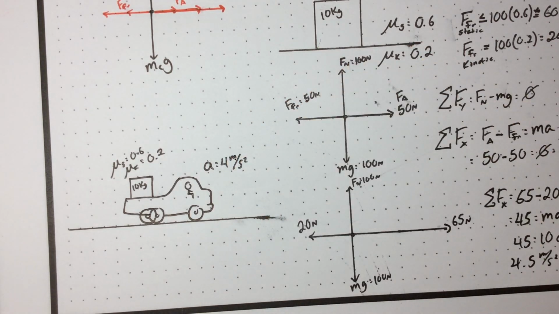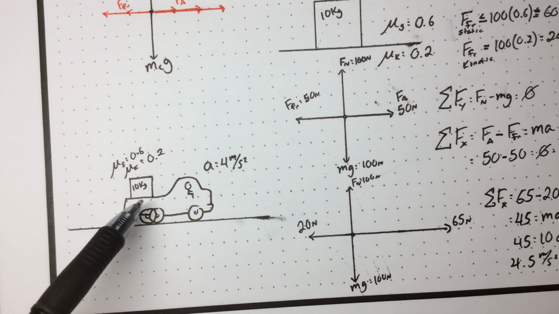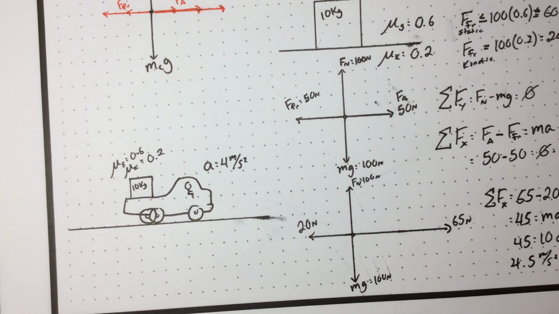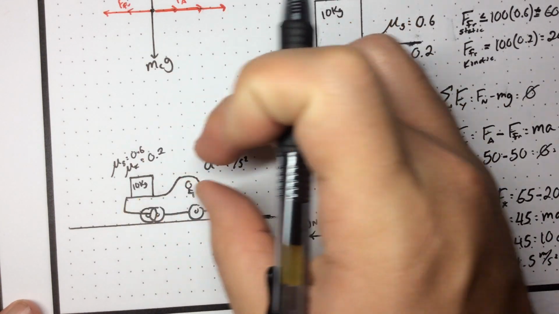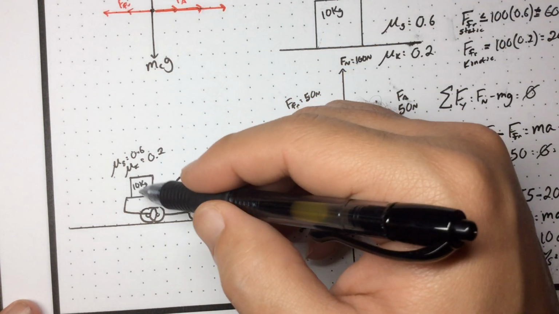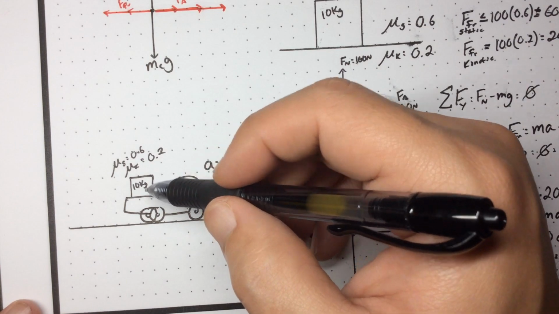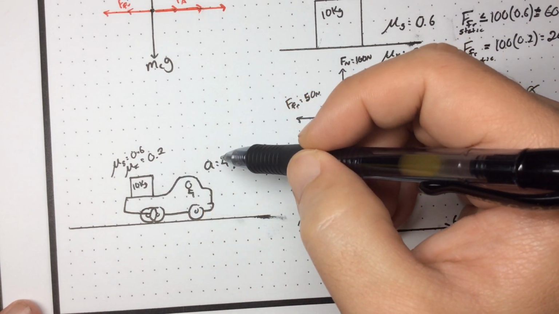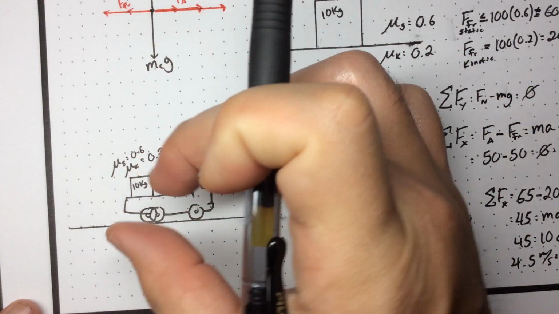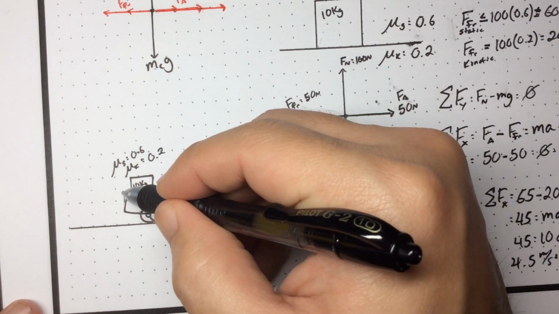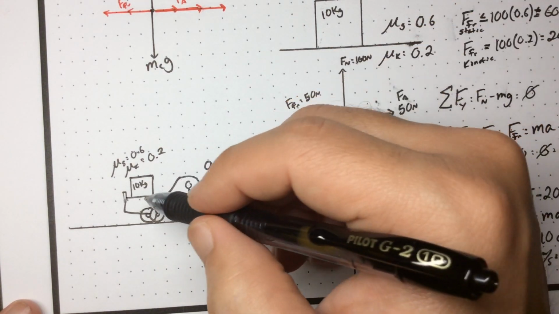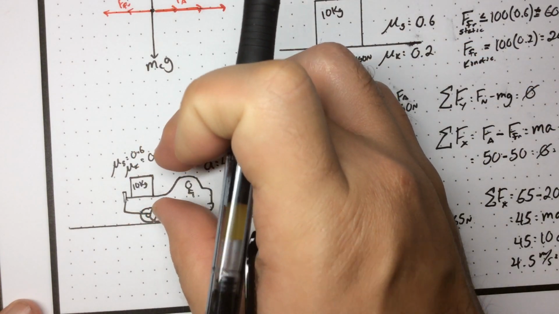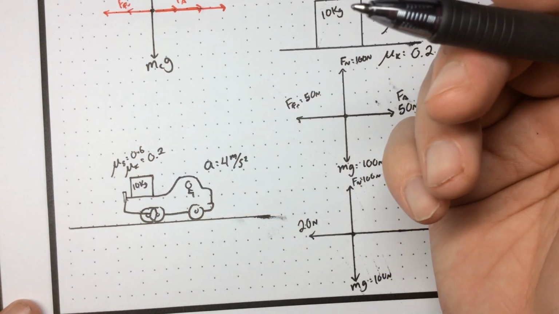Well, if the box is in the back of the truck, it will also have to have an acceleration of 4 meters per second squared. And if we look at the forces involved on this object, if that box is just sitting in the back of the truck, there's no gate here. I guess there is now. The thing that's going to try to accelerate this object forward would be friction.